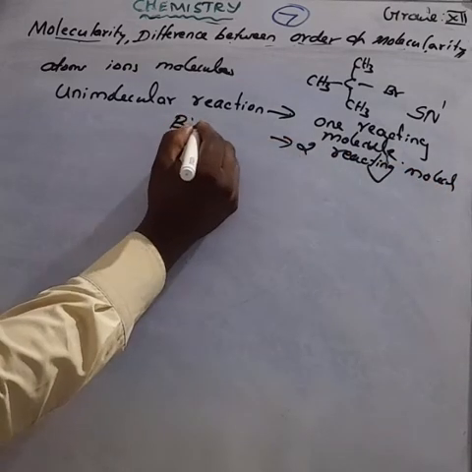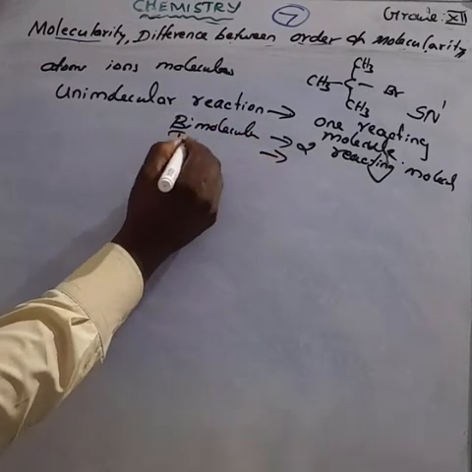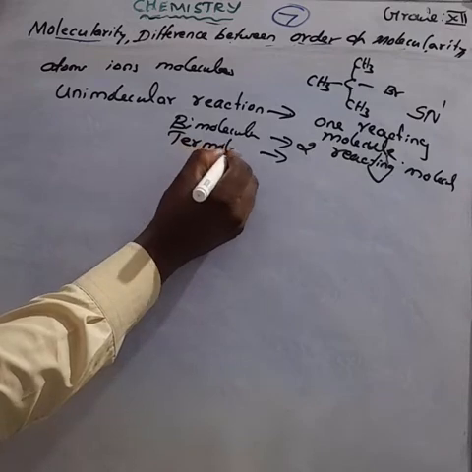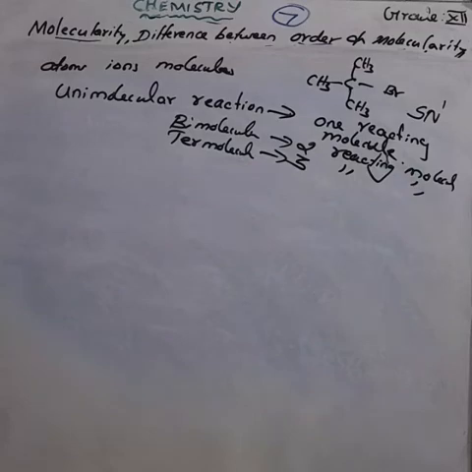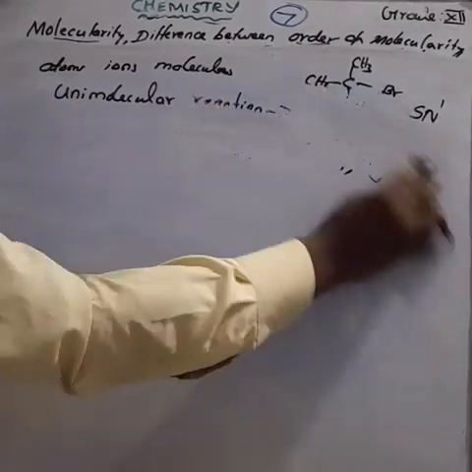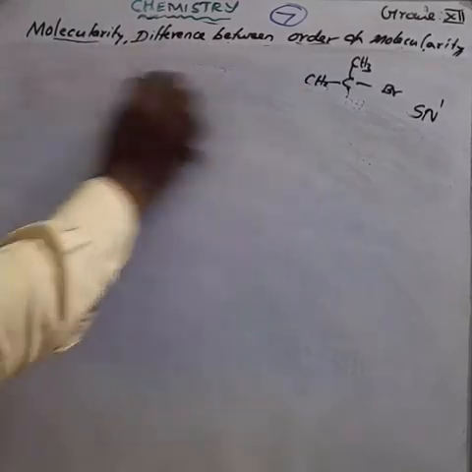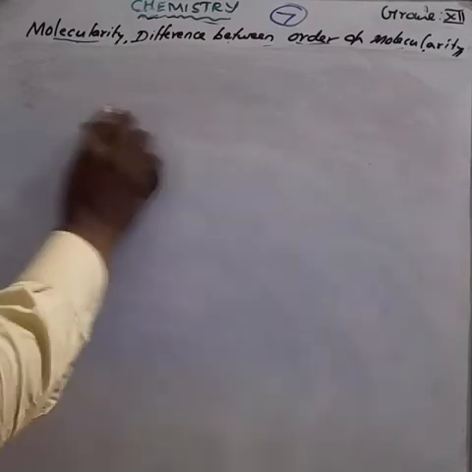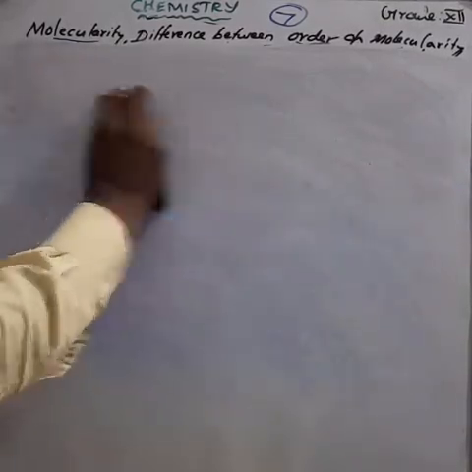Three reacting molecules, we say termolecular reaction. Termolecular reaction is one of the rare reactions. This type of reaction seldom occurs, and it tends to be very slow. Don't forget that. If the number of reacting species is 2, we say bimolecular. If the number of reacting species is 3, we say termolecular.